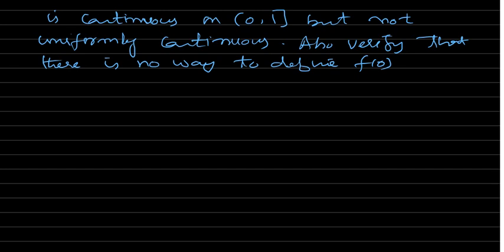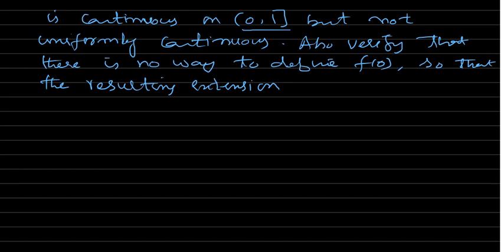The resulting extension, because it will be an extension of the given f, which is defined on the open-closed interval (0, 1]. It is not defined at 0, and now you define it at 0 as well, so it is some sort of extension of f, so that the resulting extension is continuous on the closed interval [0, 1]. You can't do this.